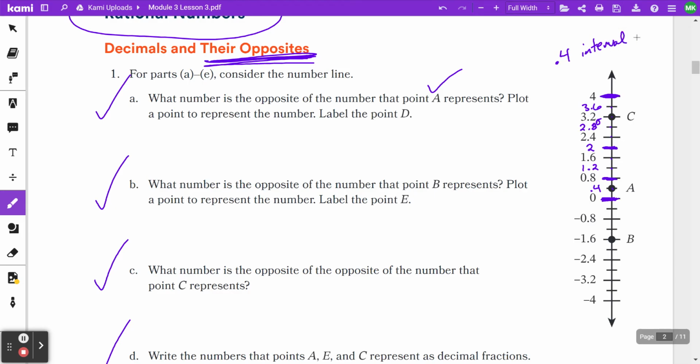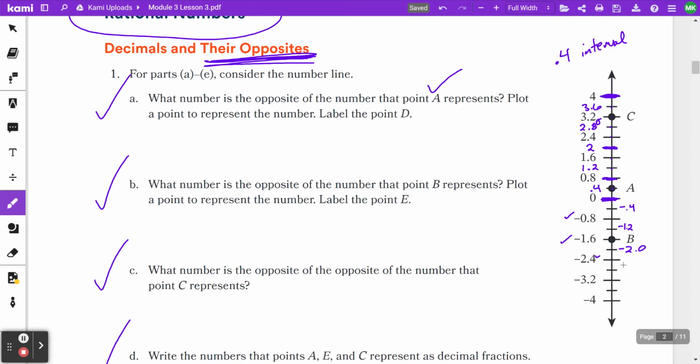That would mean this guy over here is a negative 0.4. There's your negative 0.8. If I count another 0.4 down from negative 0.8, that would be my negative 1.2. There's my negative 1.6. This should then be a negative 2.0.